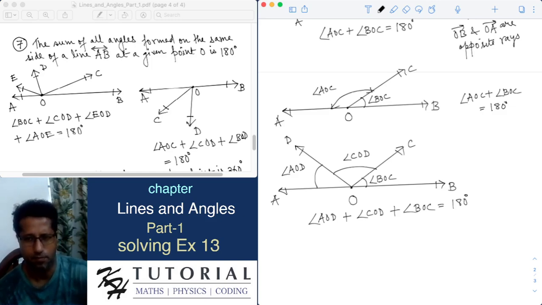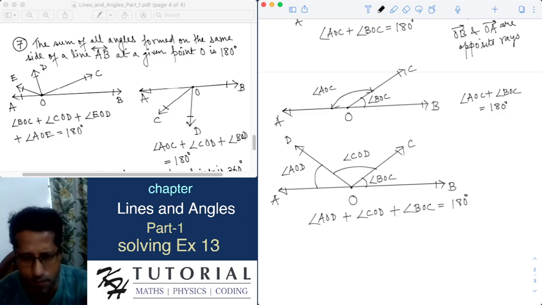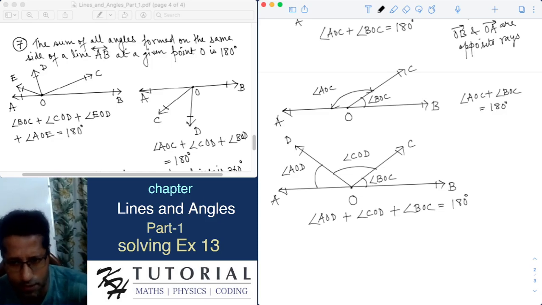Now in the second example, we dropped two rays OC and OD at the point O on the line. As per the property, it created three angles: angle BOC, angle COD, and angle AOD. Now how come their sum is 180 degrees?